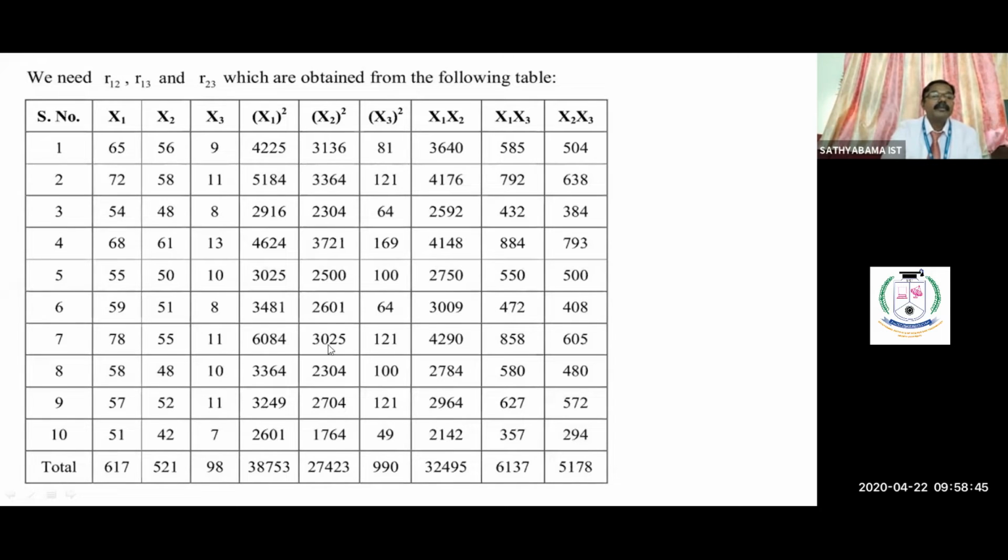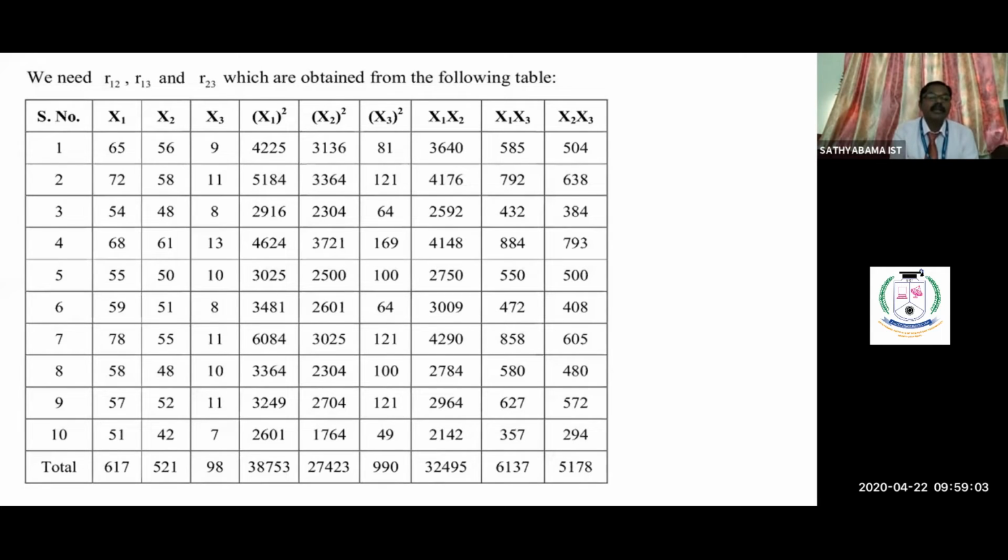We are finding all these summation totals, and we are going to calculate the correlations R12, R13, and R23 using the correlation formula.